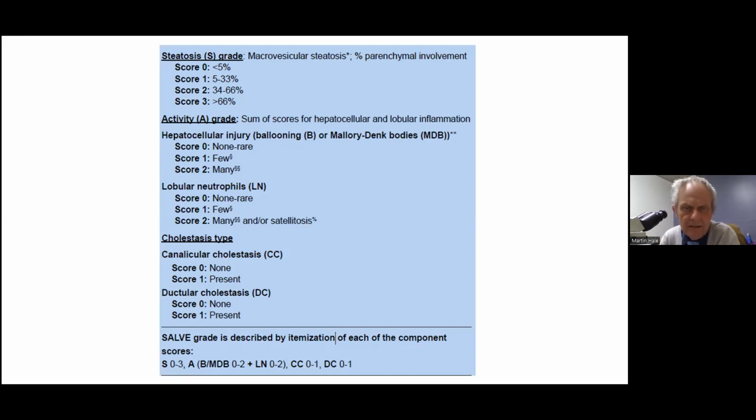So the first is steatosis. You'll readily recognize that the degree of steatosis, and this will be macrovesicular, matters. I think this is also a particular discrepancy, because they talk about macrovesicular steatosis, which I think is an old term, and I certainly wouldn't suggest that you use it.